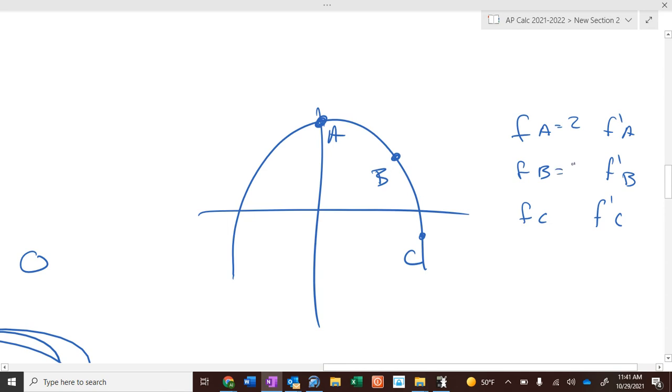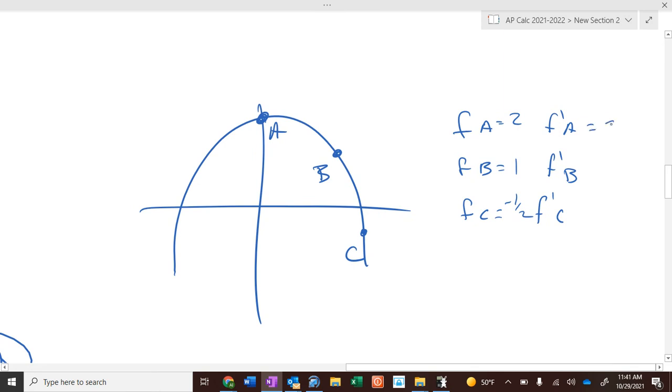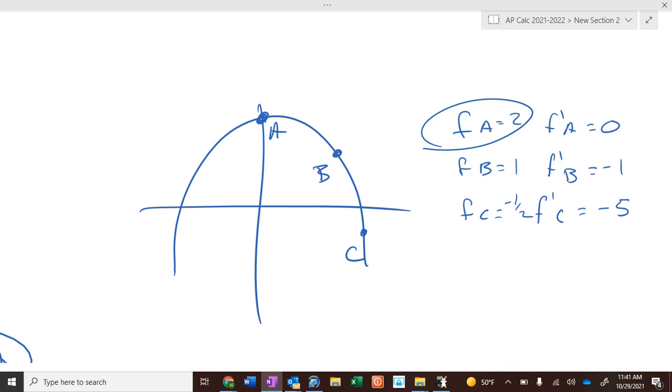F of B is like 1, F of C is like -1/2, right? Just in general. What's the first derivative at A? 0. What's first derivative at B? Like something negative, like -1. First derivative at C is like -5. What would be the greatest? A. Okay? See, Olivia? It's not always a derivative as an answer.